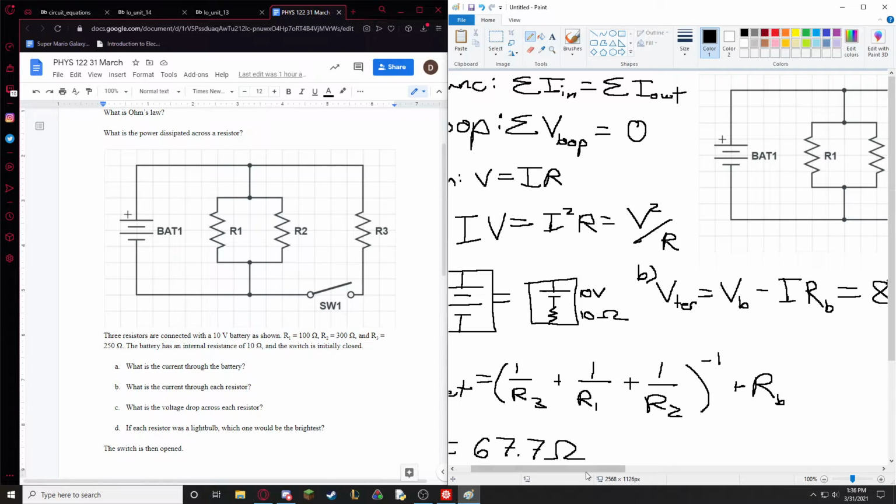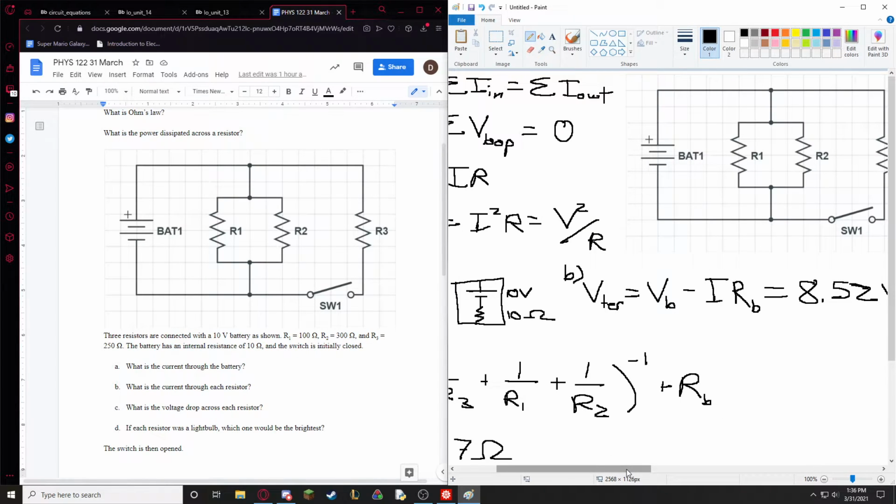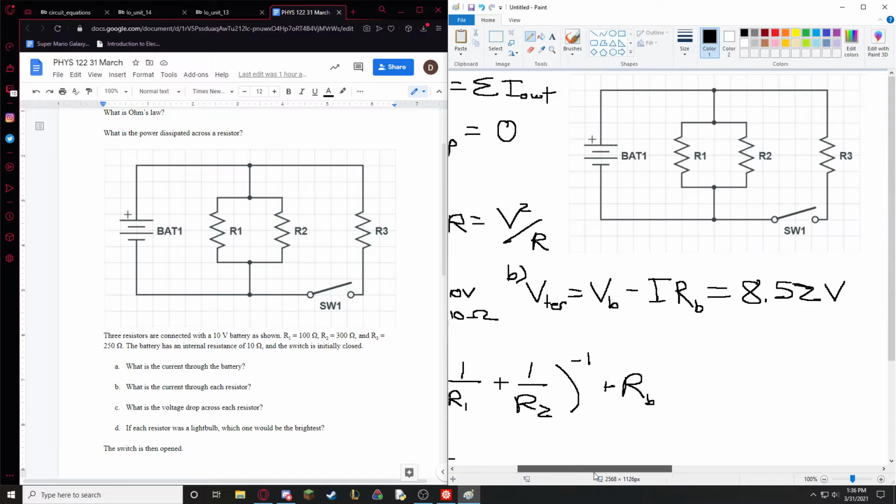V equals IR. We know the resistance of each resistor, and we know the voltage across each resistor, so we can just solve for the currents. And then we could go back and double check: do our numbers actually make sense? Yep, they do. And we can check them using the junction law.